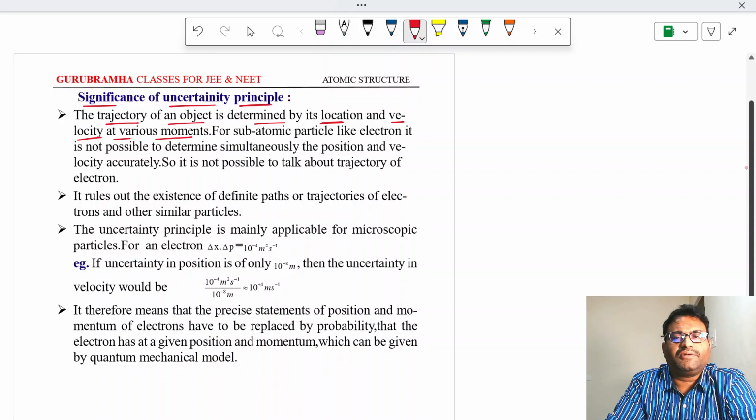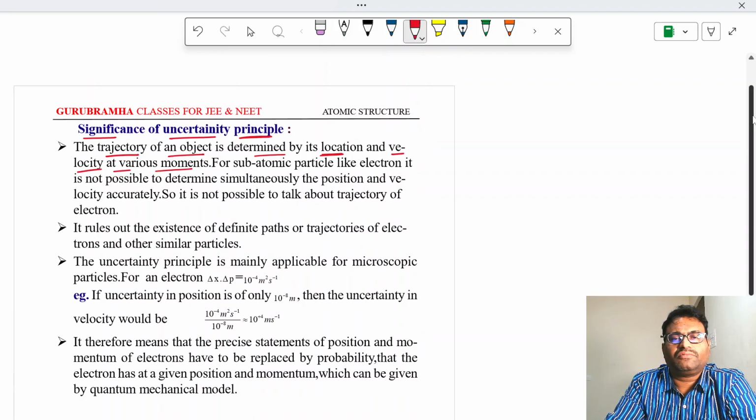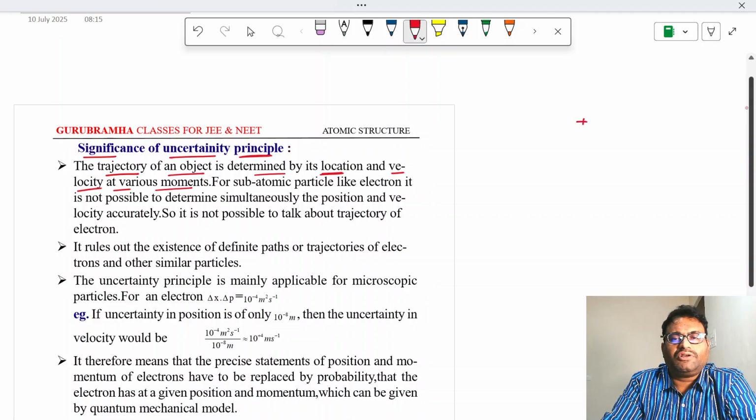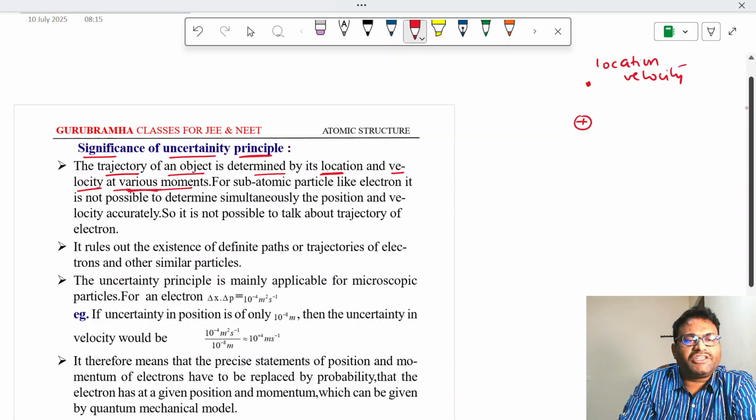So here is an atom. In this atom, for example, here is the electron, with its location and velocity at different moments.